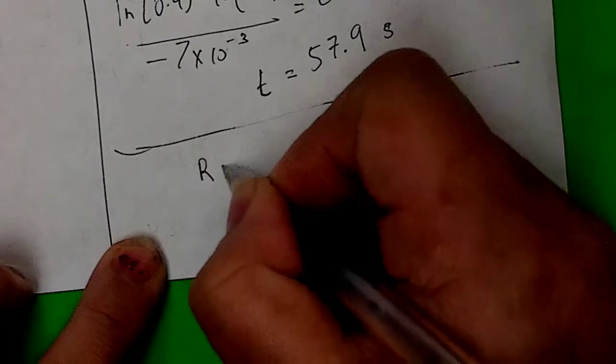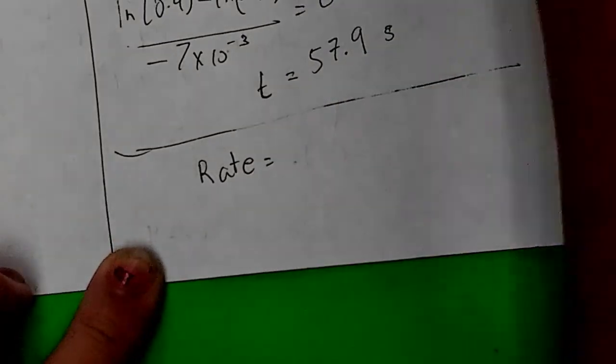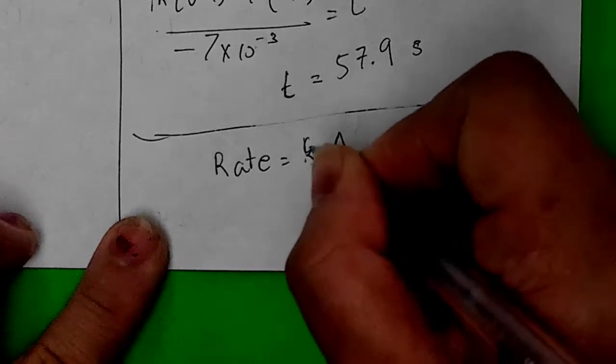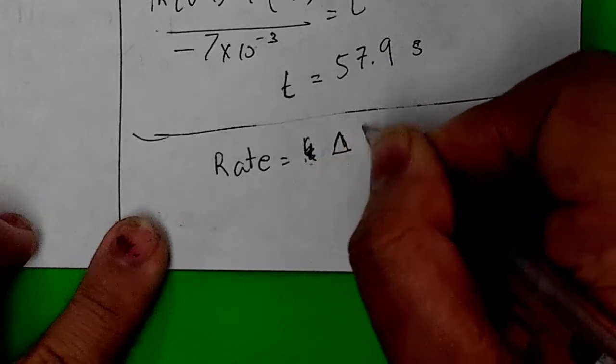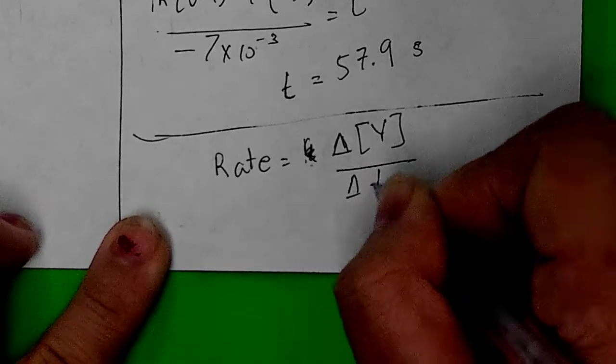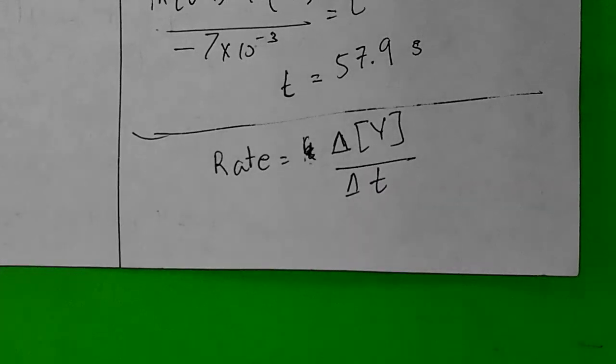You might be tempted to say rate is equal to the change in concentration of Y over change in time. You also might be tempted to do this, because after all, you kind of have the rate. Kind of.